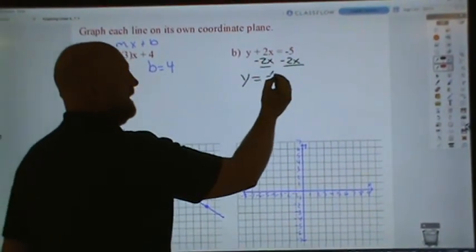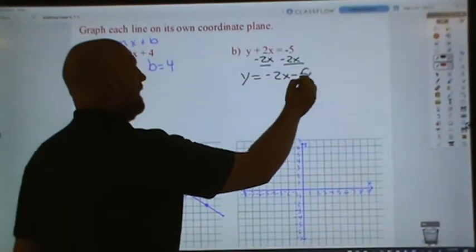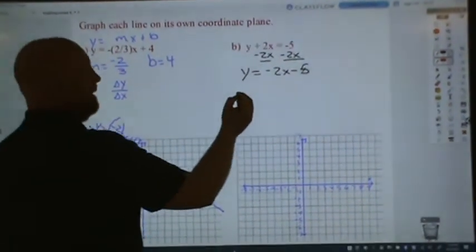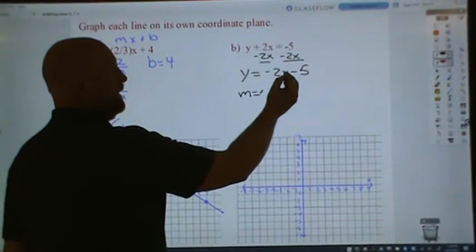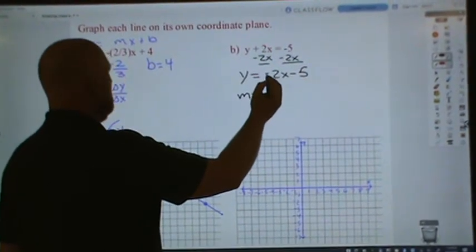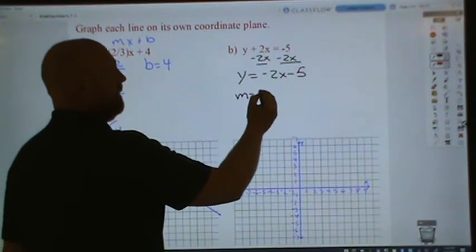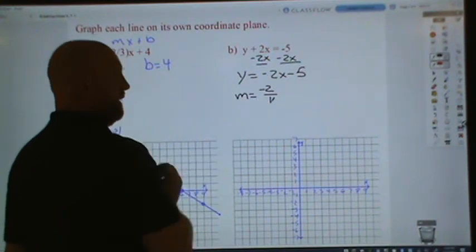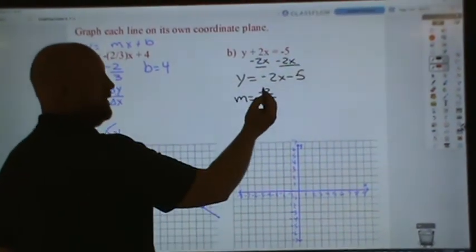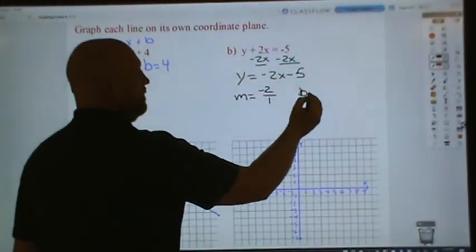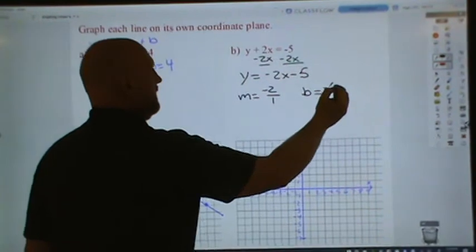So I'm going to write negative 2x minus 5 so that it fits that format of y equals mx plus b better. My slope is the coefficient of x, so that's negative 2, but I like to write that as a fraction. So instead of just writing negative 2, I'm going to write negative 2 over 1 for graphing purposes. That way I have my change in y number and I have my change in x number. My b value, my y-intercept, is negative 5.